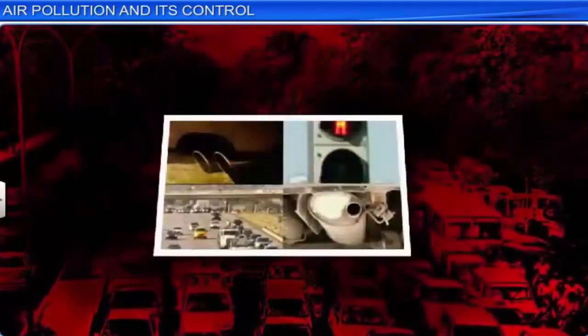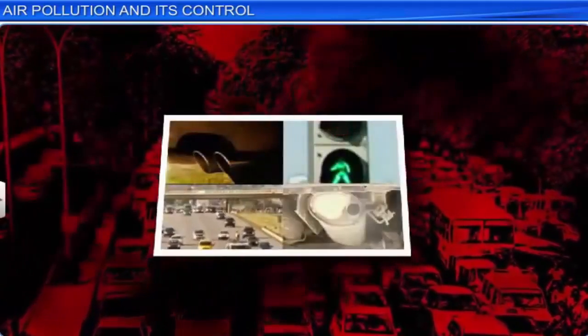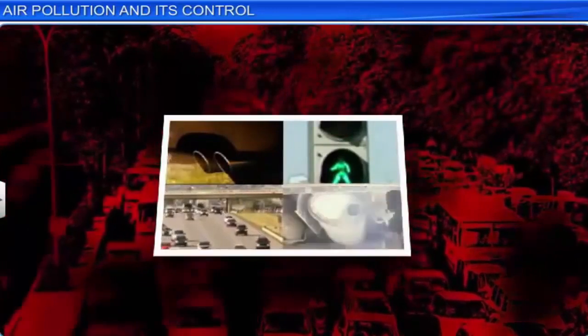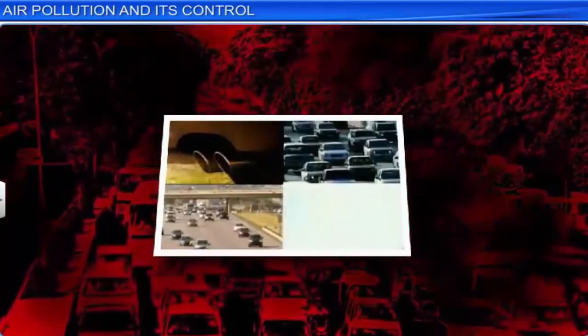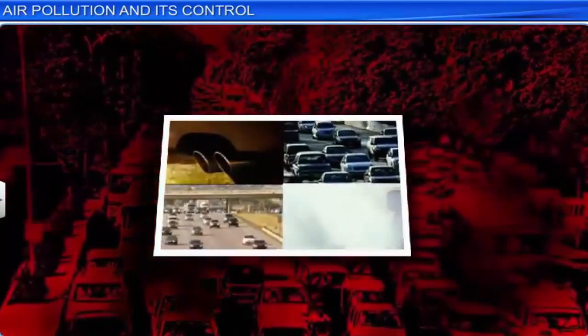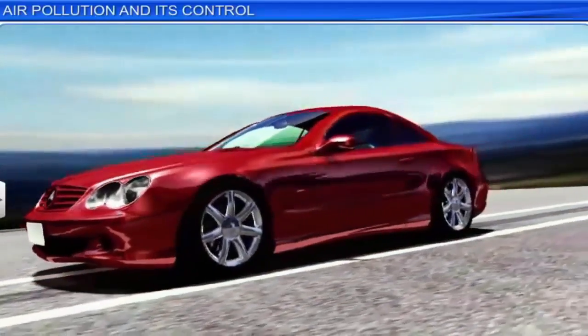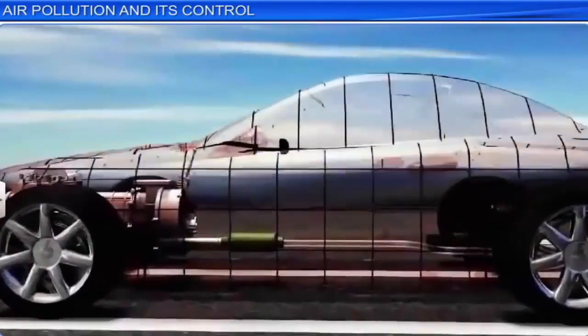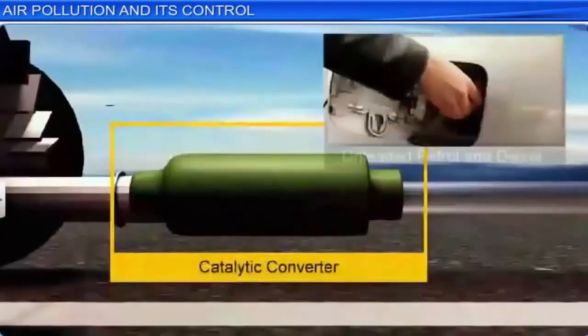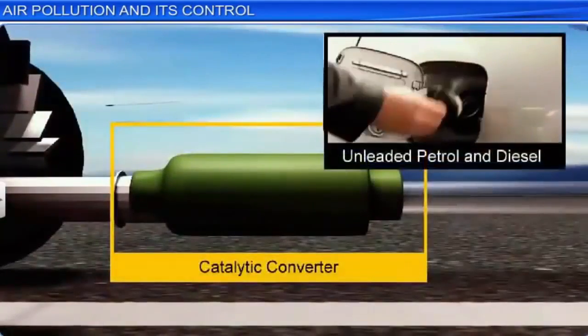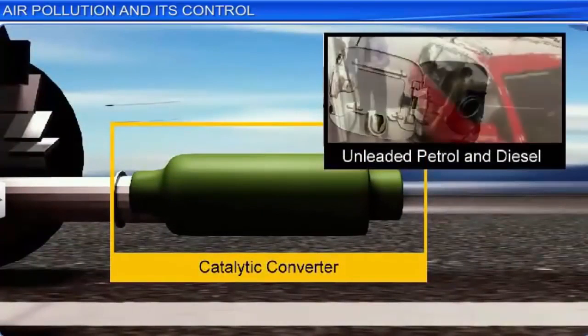With the ever-increasing number of vehicles in our country, it has become essential to take proper measures to minimize the release of vehicular exhausts. For instance, the use of catalytic converters and unleaded petrol or diesel has helped reduce vehicular pollution considerably.